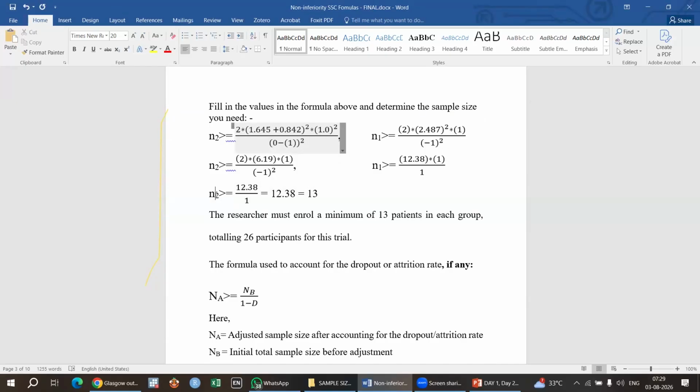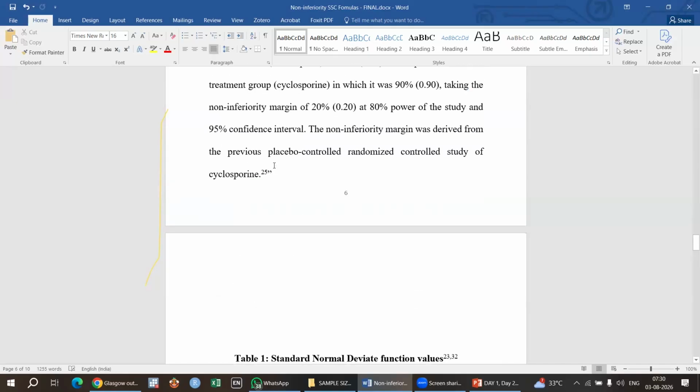But here we have used 90%, so when we are using 90%, the sample size will automatically increase. For confidence interval we generally use 95%. But in power, sometimes you use 80%, sometimes 90%, and then you can adjust. So this is the adjustment formula.